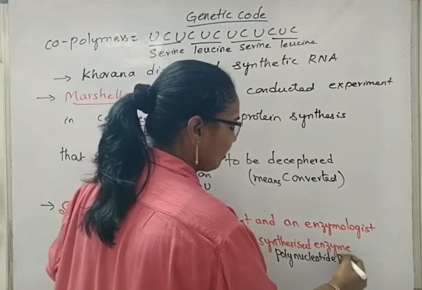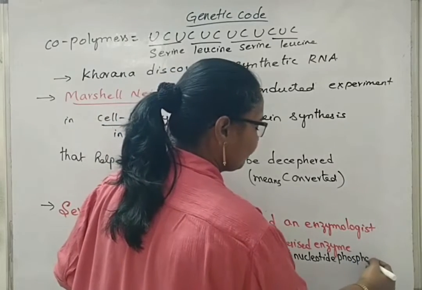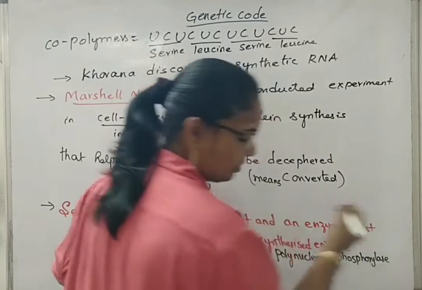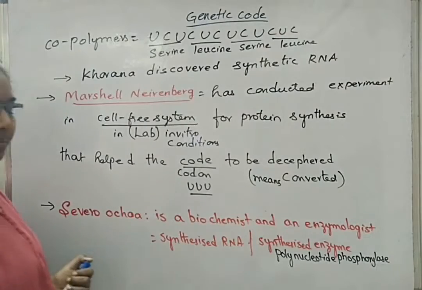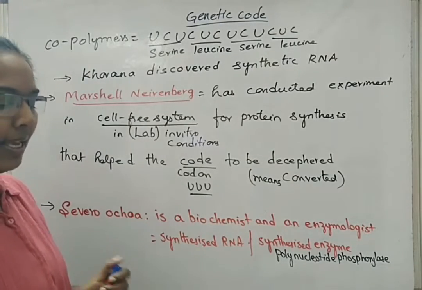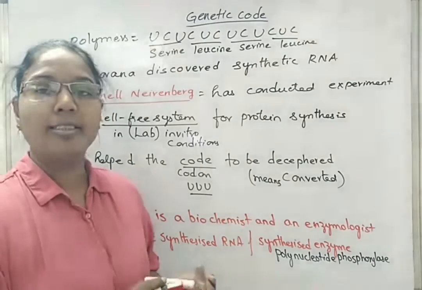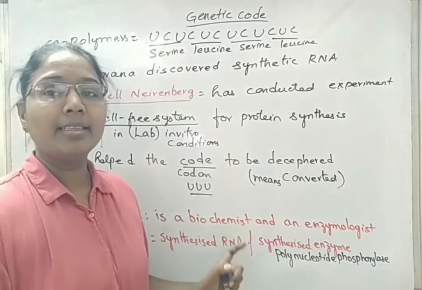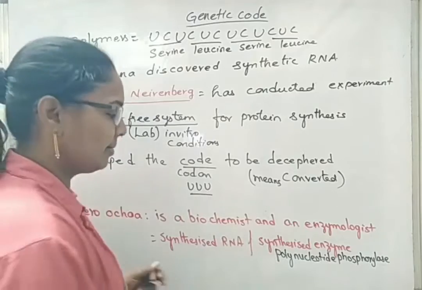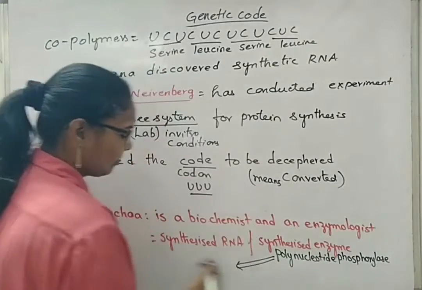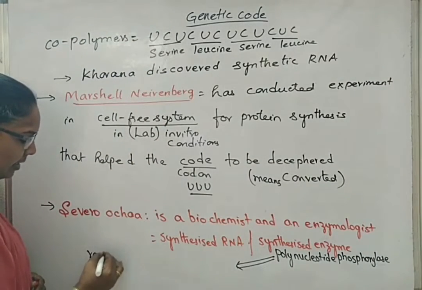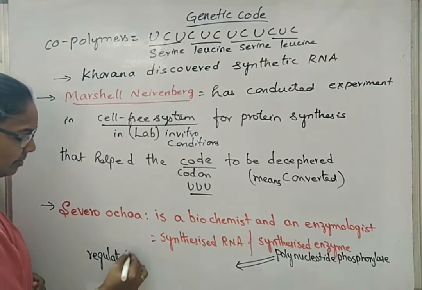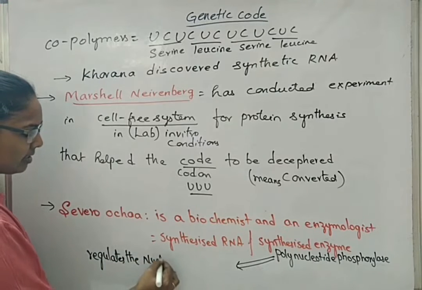Polynucleotide phosphorylase. Next, this enzyme is helping or it controls the DNA or RNA synthesis. Means this enzyme is regulating the synthesis of nucleic acids. It regulates the nucleic acid synthesis.